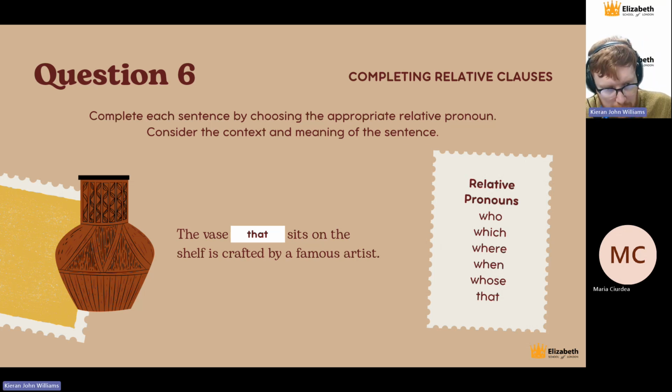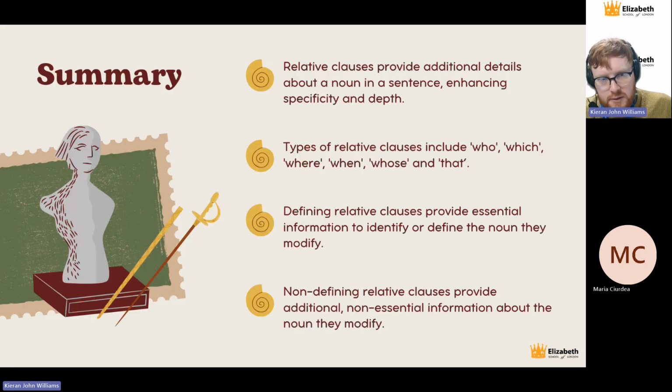Right. So based off that, then let's summarize what we've looked at. Okay. So relative clauses give some extra information about a noun in a sentence. And they either give us some specific information or they give us some additional information. They usually begin with these relative pronouns like who, which, where, when, whose, and that.